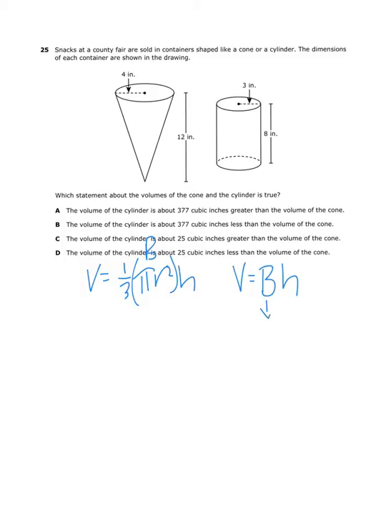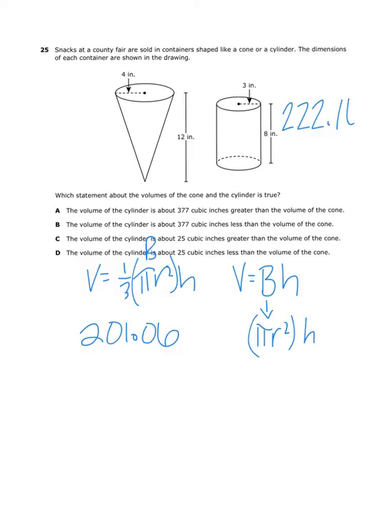And again, big B, because it's a circle, is pi r squared times the height. So once I do that, for the cone, we'd get 201.06, and for the cylinder, we'd get 226.19. So the cylinder is larger, so you can eliminate any of the ones that say that the cone is larger, and so that leaves you with C after you subtract these two numbers.